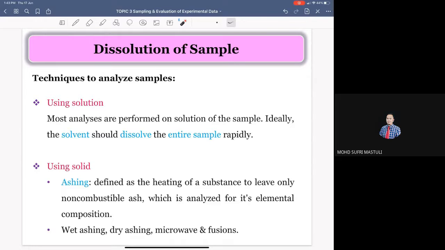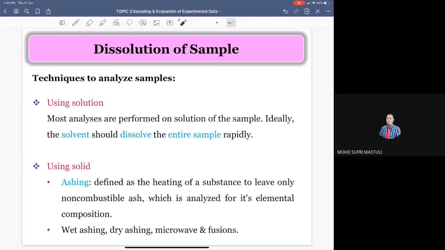So how do we dissolve the sample? We can use a solution for dissolution of sample, or we can use a solid technique for the dissolution of solid sample.